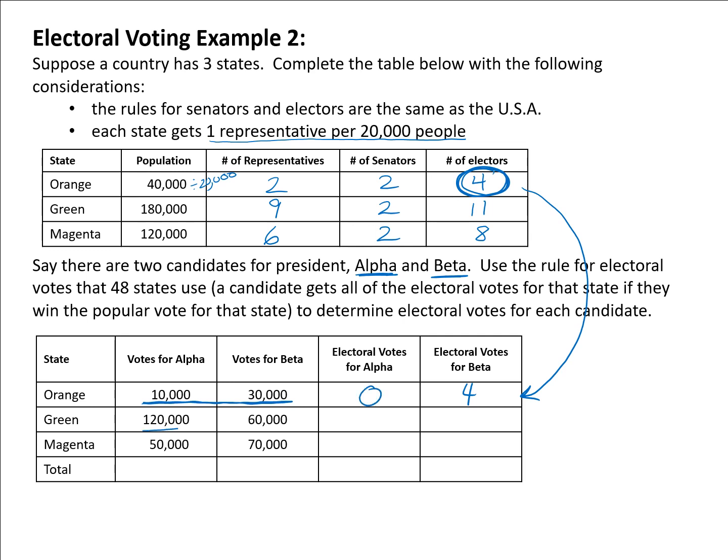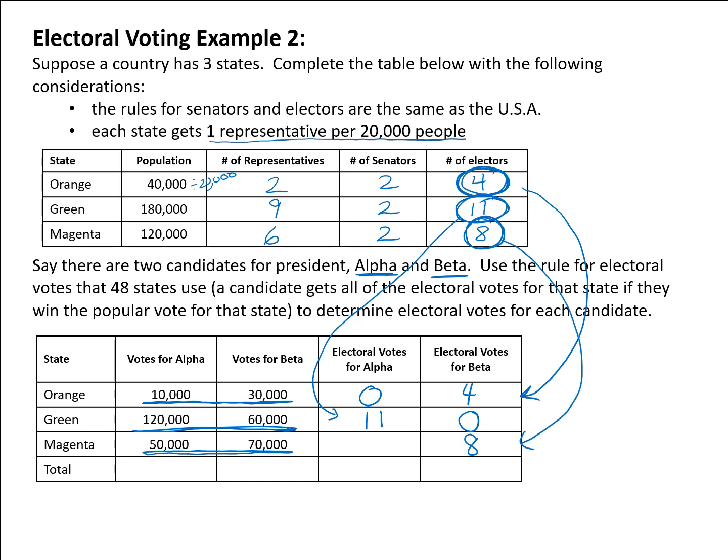If we then look at the state of Green, twice as many people voted for alpha, 120,000 compared to 60,000. So 11 votes are going to go to alpha. So beta gets 0. And then our third state, more people voted for beta. 20,000 more people voted for beta. So beta wins the popular vote, and they win all 8 electors.